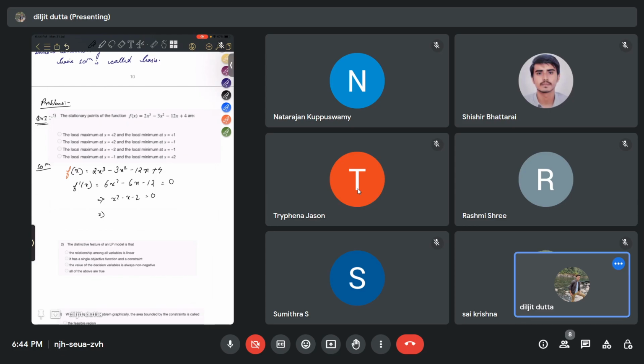We factorize: x minus 2 into x plus 1 is equal to 0. So the values of x are 2 and minus 1. So the stationary points are 2 and minus 1.